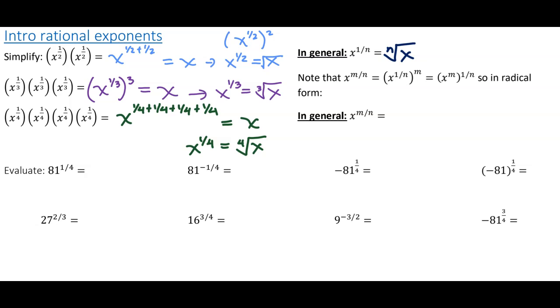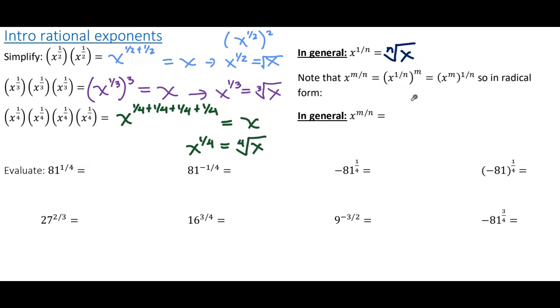And I'd also like to add to that a little bit. We won't only see exponents with a numerator of 1, so if we see something like a 3/4, just notice here that you can think about that as two options. So if you have x to the m/n, you can think about that as I first need to apply the 1/n and then the m, or I first need to apply the m and then the 1/n.